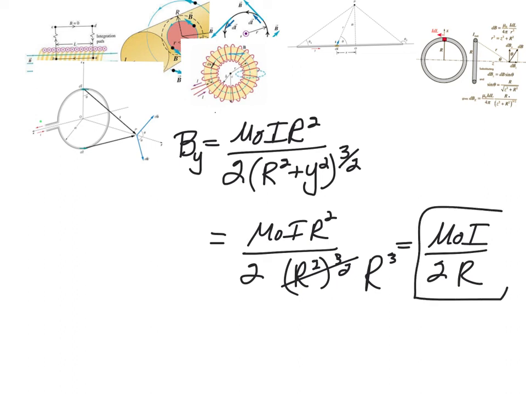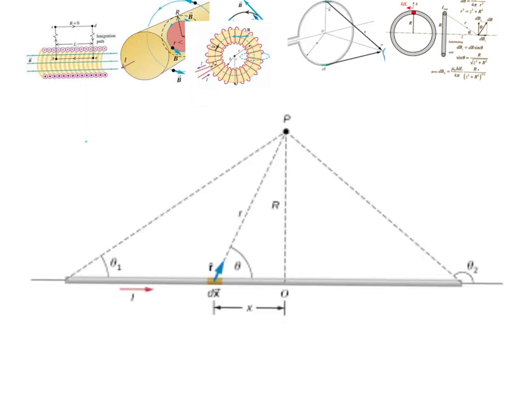That's a good sign. That's the same result we got last time for the field at the center of a coil, and this gives us the same result. So that's a good indication that this is correct.